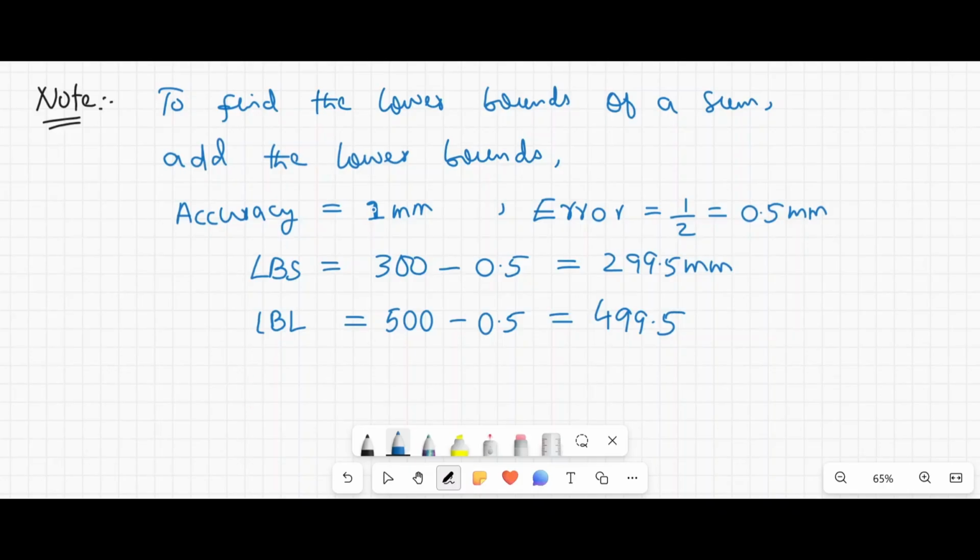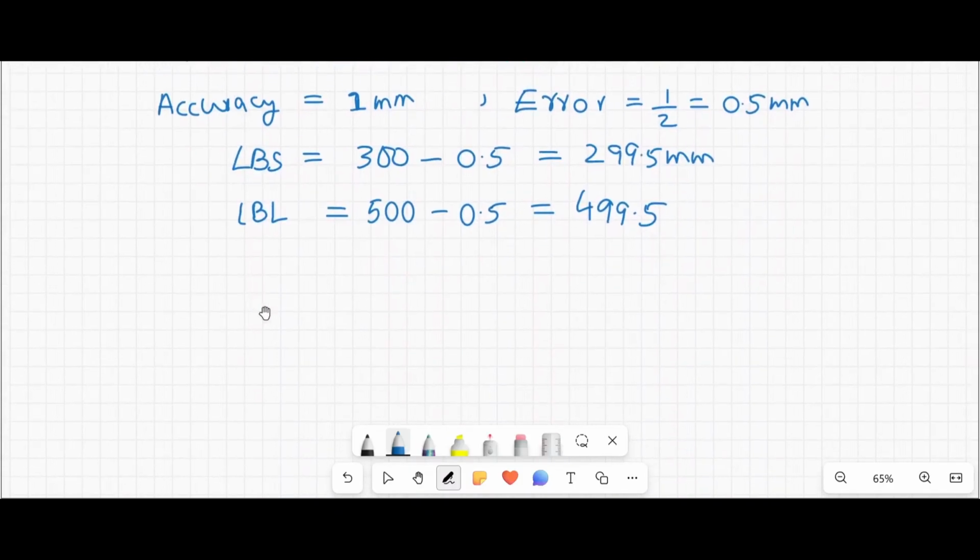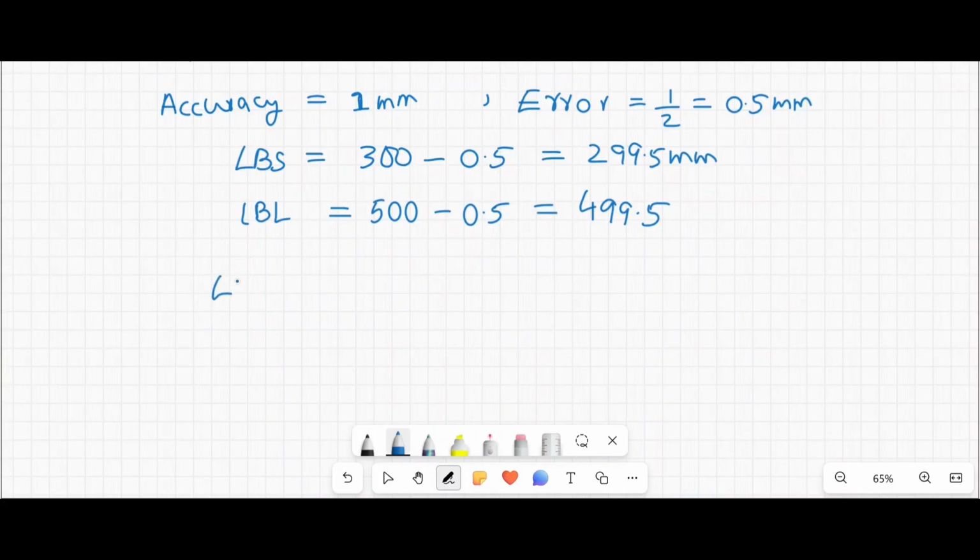So while finding the lower bound of the sum, add the lower bound of the small and the lower bound of the large. So 299.5 plus 499.5.